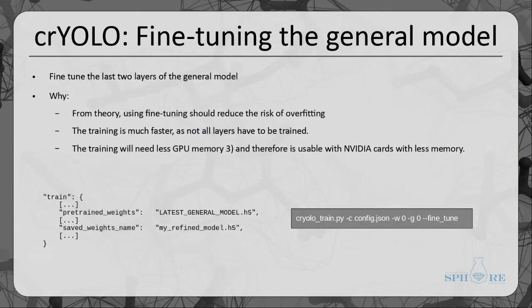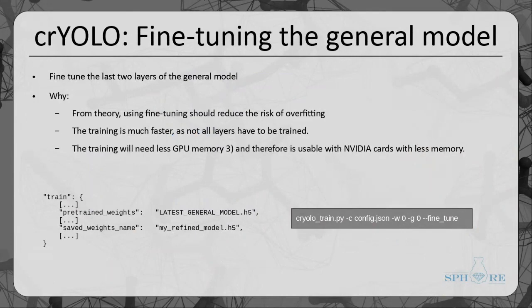You can use that and fine-tune this model for your data. What it does then, in principle, is that instead of training all the layers in your network, it only trains the last two layers of your network. And from theory, the fine-tuning should reduce the risk of overfitting, and it's much faster.